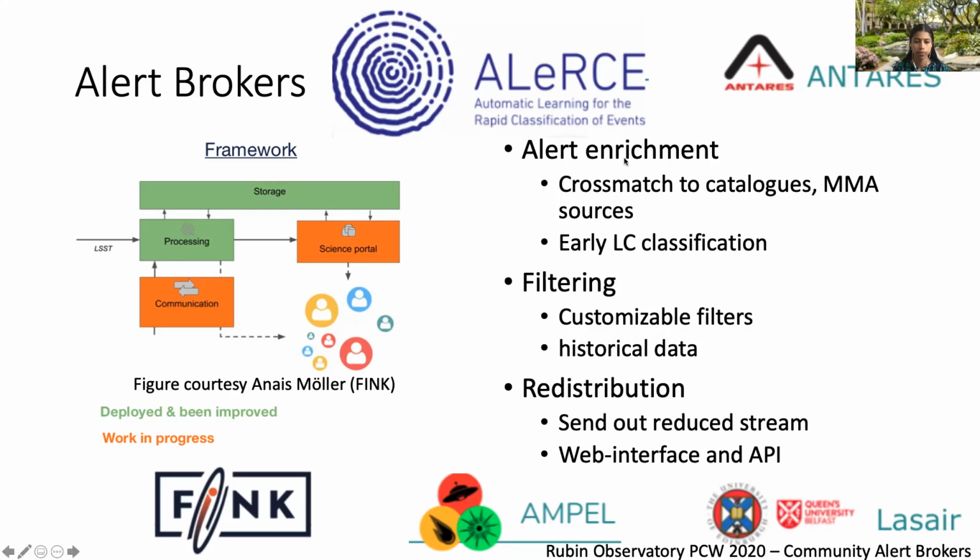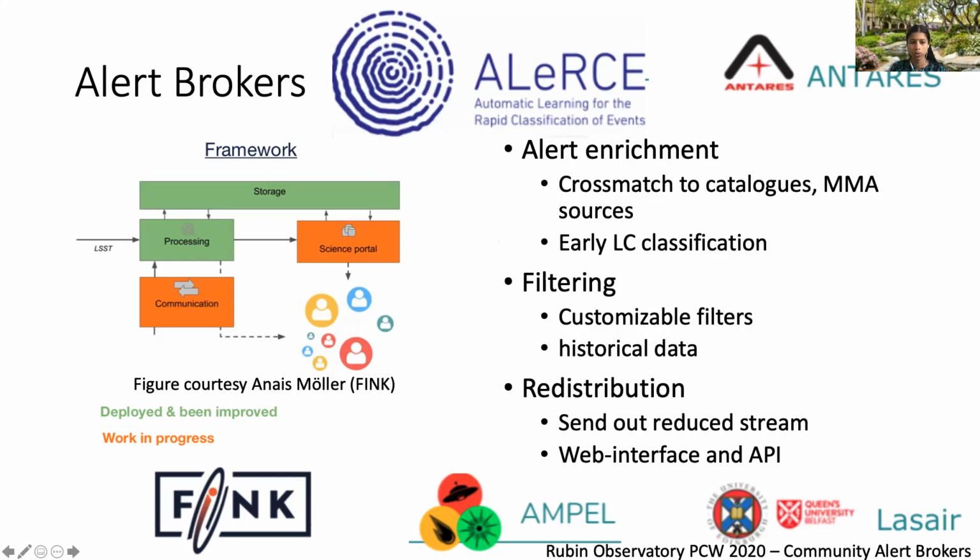And so alert enrichment involves potentially cross-matching to different galaxy catalogs, cross-matching to various perhaps multi-messenger sources or multi-wavelength detections, and classification of early light curves using machine learning algorithms. Further filtering from the initial instrument, right?